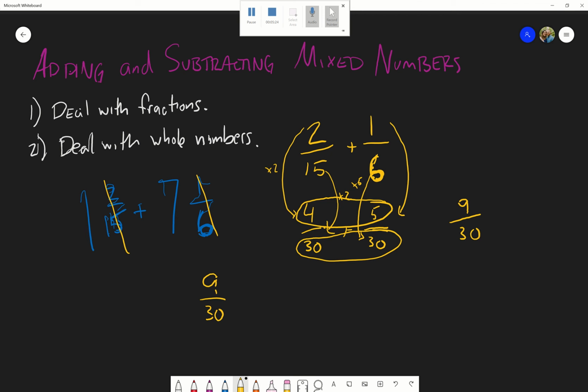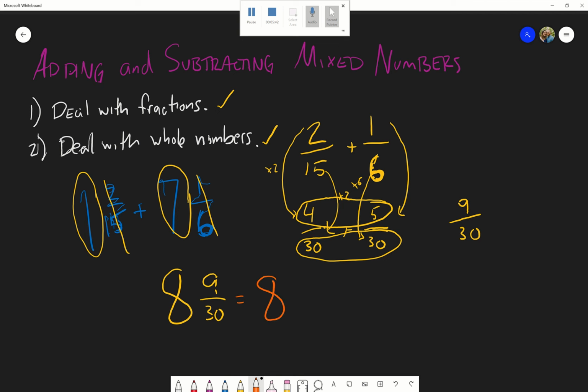I just keep it as 9/30. Deal with fractions, done. Now I deal with whole numbers. 1 plus 7 is 8, 8 and 9/30. But since we are always simplifying in math, this is really going to become 8 and 3/10. Look at us go. All right.